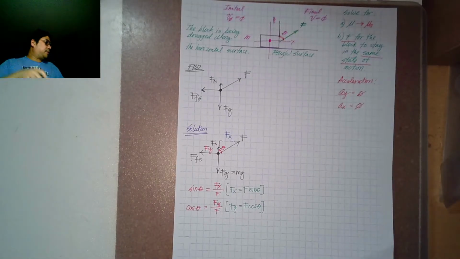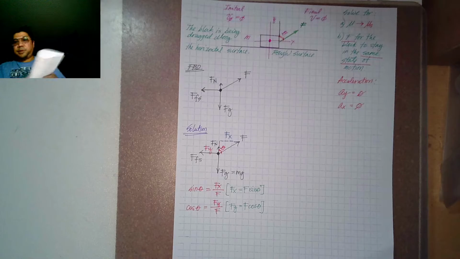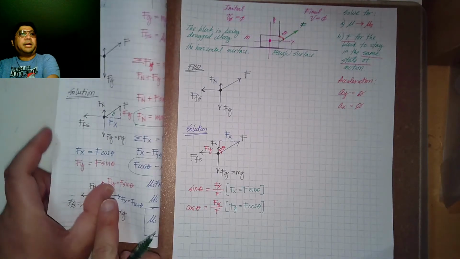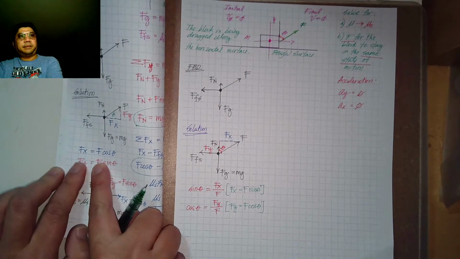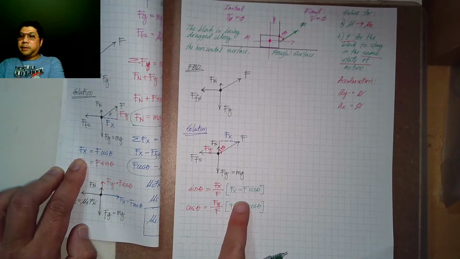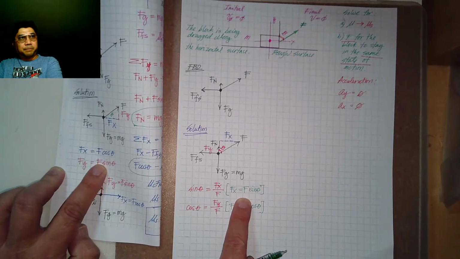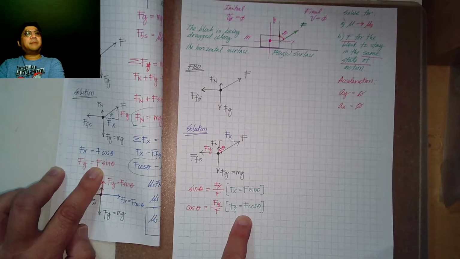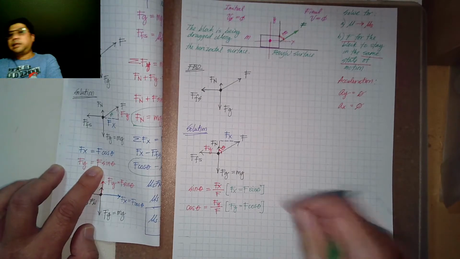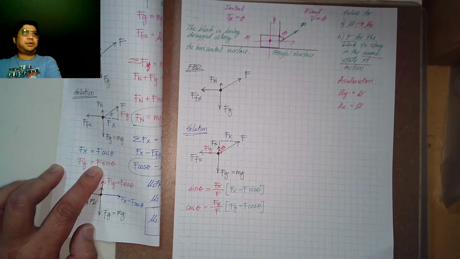In the previous solution that we worked on, x is cosine, but this time it will be sine. Y is sine, but this time it's cosine. So you change it depending on where you measure the angle.